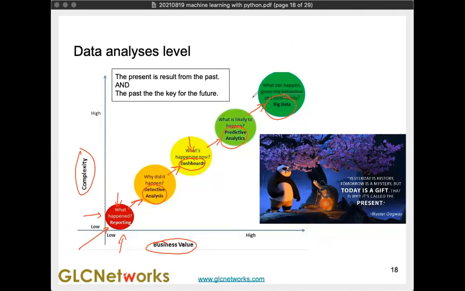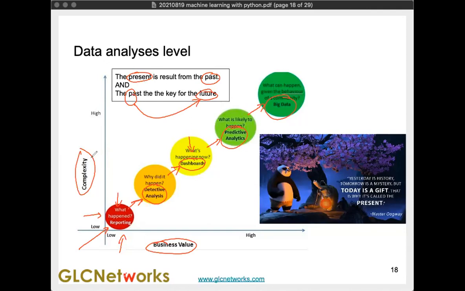So here we can see that the data is very crucial. Okay, because the present is the result from the past, and the past is the key for the future. Okay, we don't know what's happening in the future, but we are using the past data to predict the future. Why?